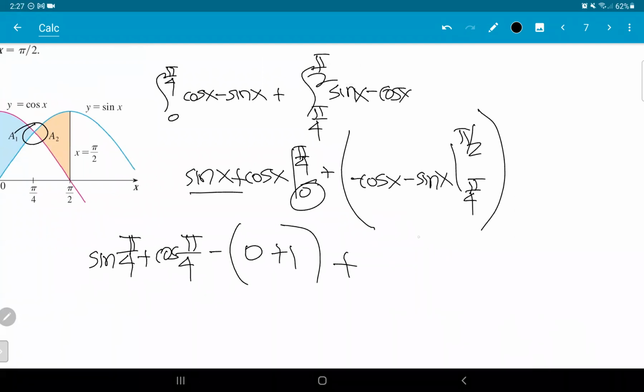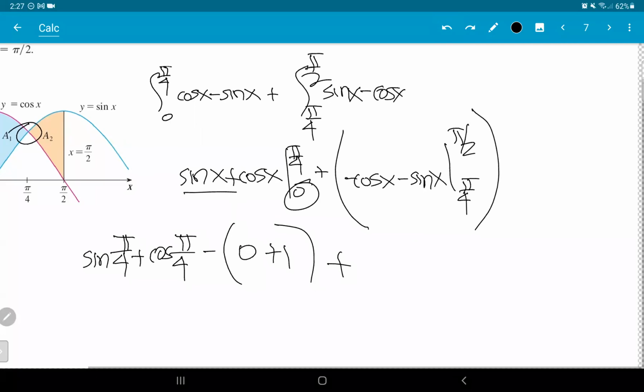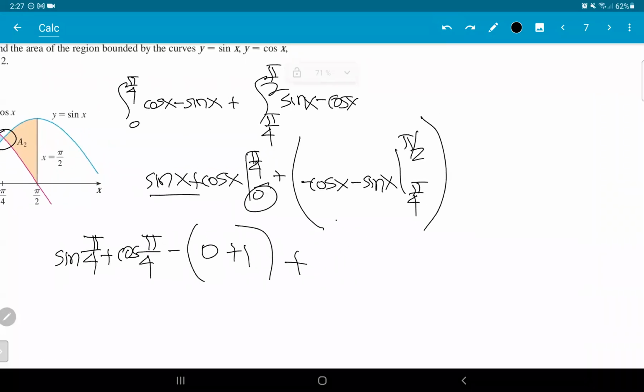So plugging in pi over 2, the upper limit first, we have negative cosine pi over 2. And pi over 2 has coordinates 0, 1 on the unit circle. So cosine pi over 2 is 0.